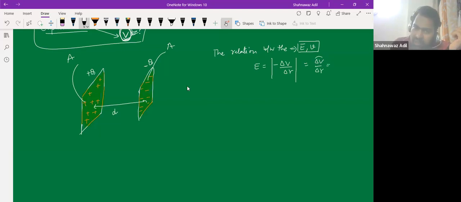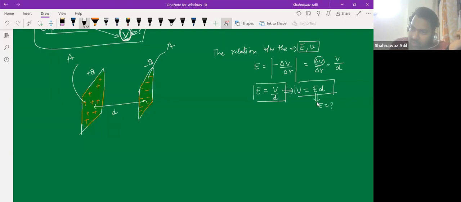Let's say the potential difference between these two plates is V, and the separation is D. So E is how much? That is voltage by the distance between the plates. So to calculate the voltage, we require this electric field and this distance.